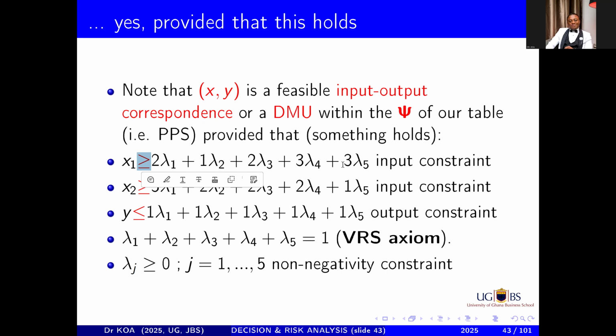Now the question becomes this: what does this mean? The right-hand side here is dealing with that technology because this is what makes up the technology for that input. And then for the x2, this is what makes up the technology because you are adding all of them for that input.